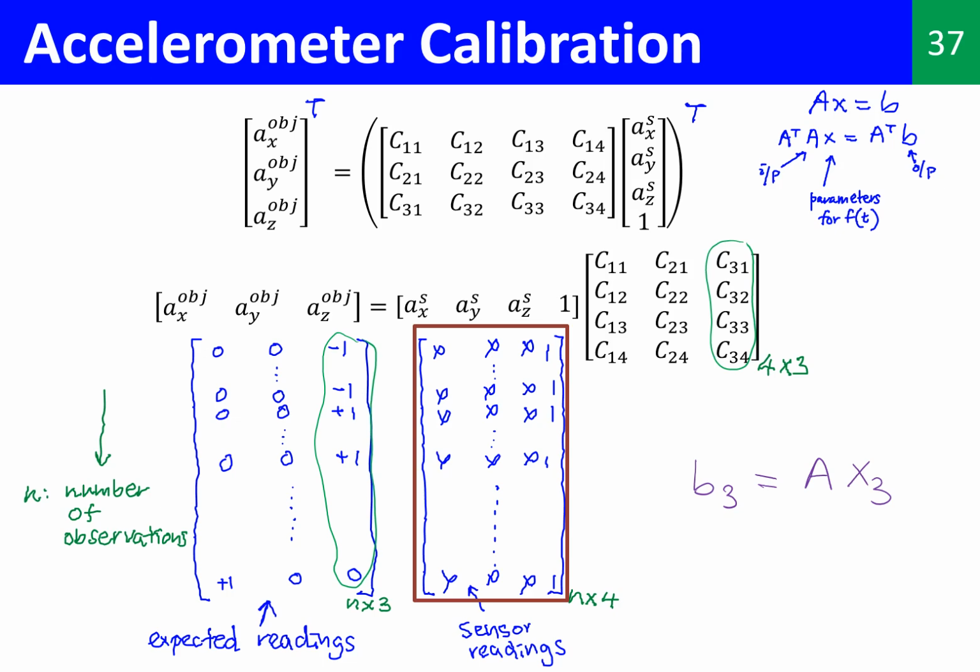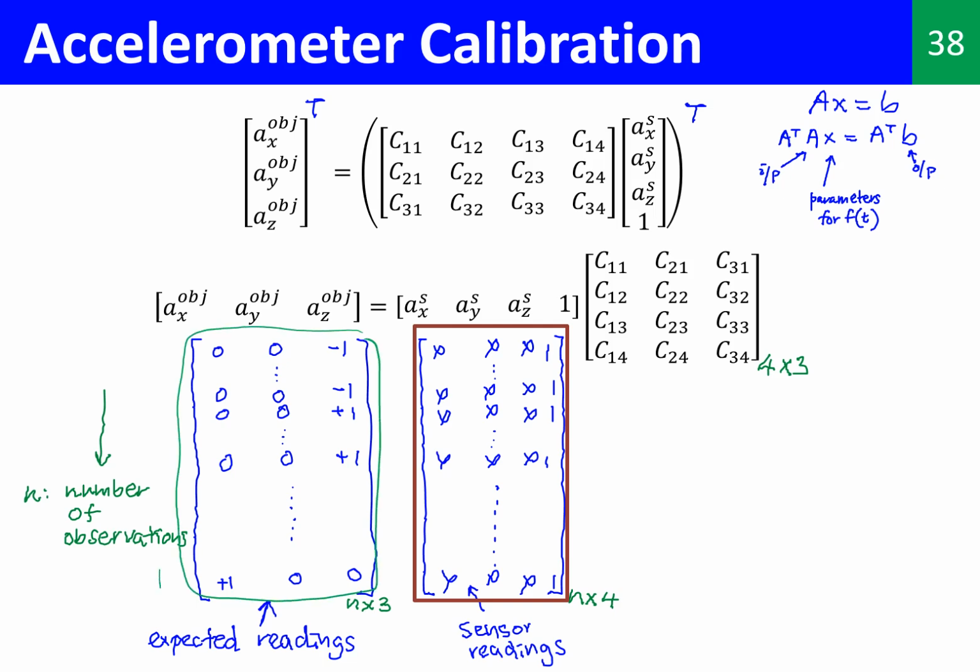Actually, we can solve these three systems separately in least square sense using the associated normal equations. But we can improvise again and do better than that. That is, we can combine all those B vectors together to form a capital B matrix. So this is the capital B matrix.